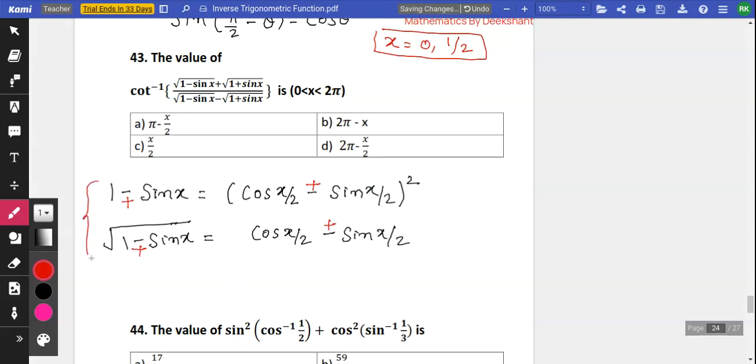Write down this formula. Now I put this formula in this question.